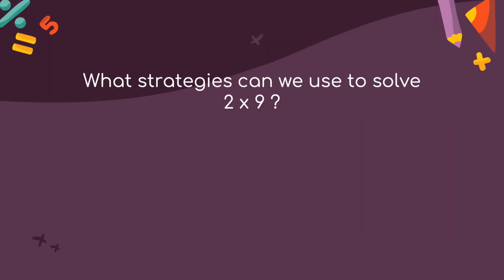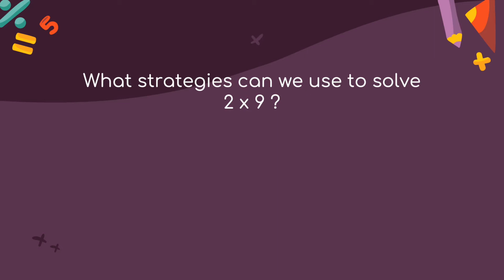All right. So if you will go ahead and get your whiteboard and marker ready, or if you're using paper and pencil, if you'll have those ready, you're going to need those things for the first part of our lesson today. And while you're getting those things together, I want you to be thinking, what other strategies can we use to help us solve 2 times 9?